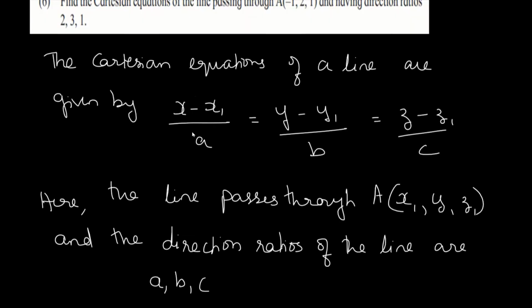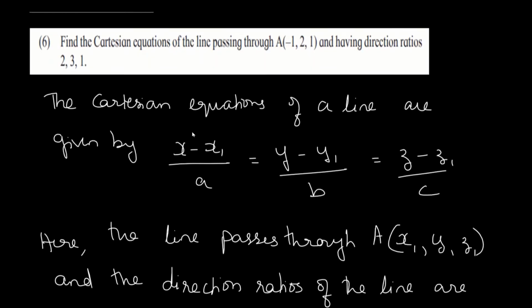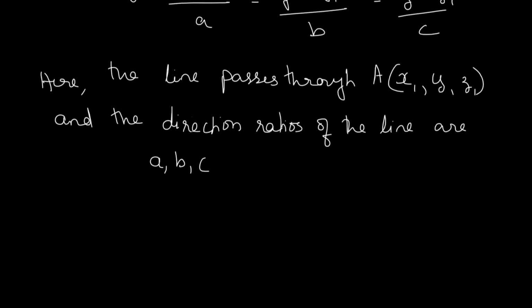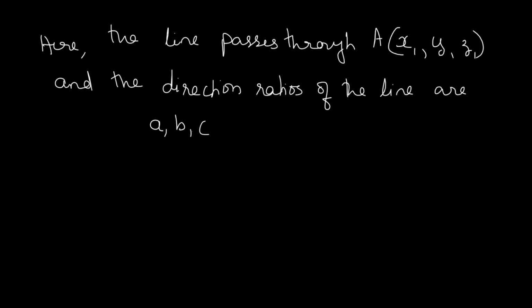So therefore, from the question, we have got both: the point through which the line passes, and we also have the values for a, b, c. So therefore, the required equation becomes this way.